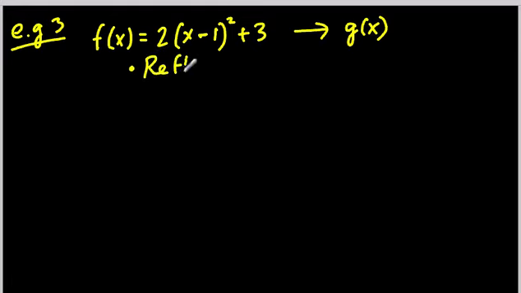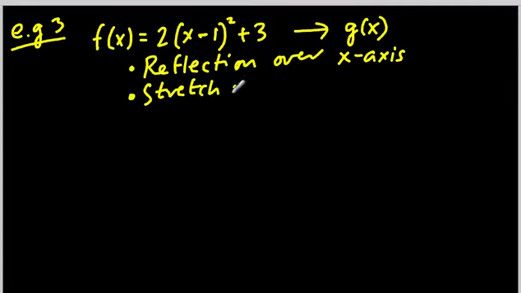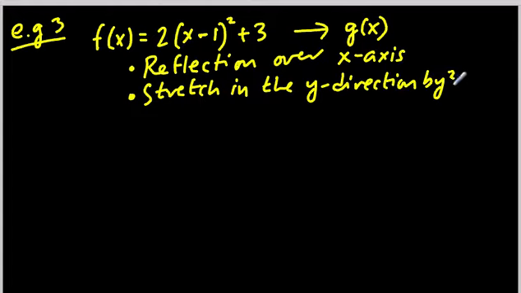So it's a reflection over the x-axis, and then there is a stretch in the y direction by a factor of 3, and then I'm simply going to translate by 2 and -1.